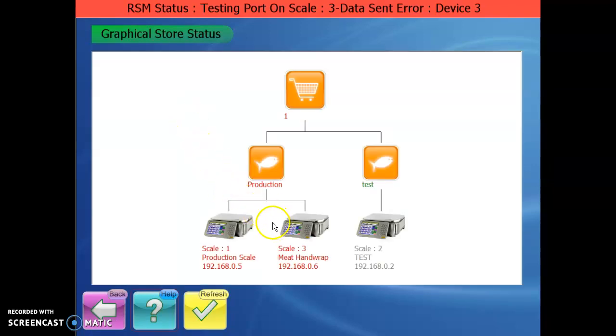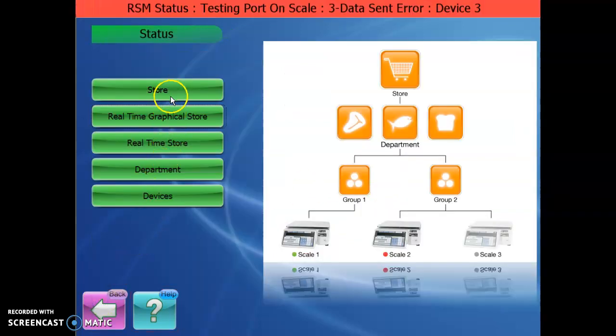We can see here in the graphical setup that both of our scales here are offline because they're not connected to the network in the office, and this test scale is currently disabled as it's not being used by any scale whatsoever. So you can use any of these options here to look via department, a real-time store, the graphical setup so you can see it, and then just the store in general.